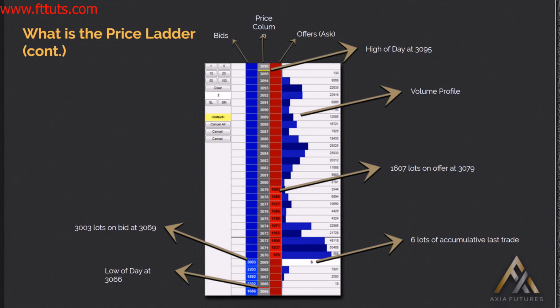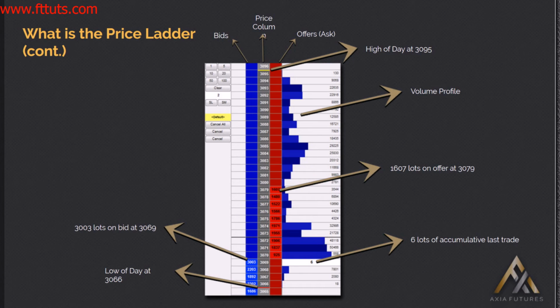Next, if you were to see the actual size, for example, at the price of 3079, we have 1,607 lots. That 1,607 lots could represent one person with all that size, or a whole host of different people.